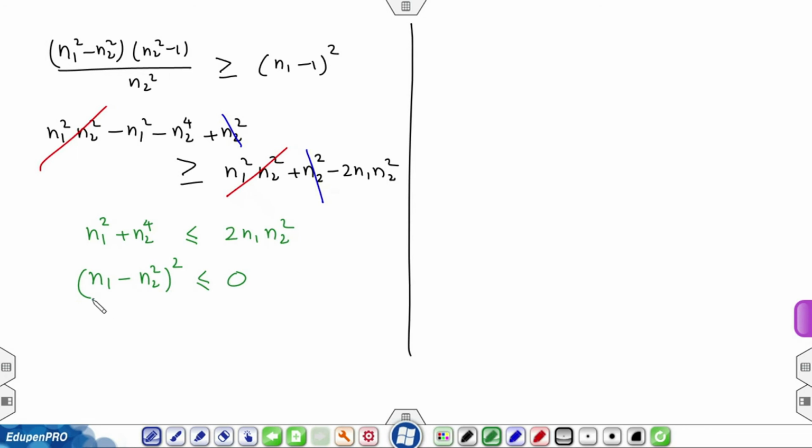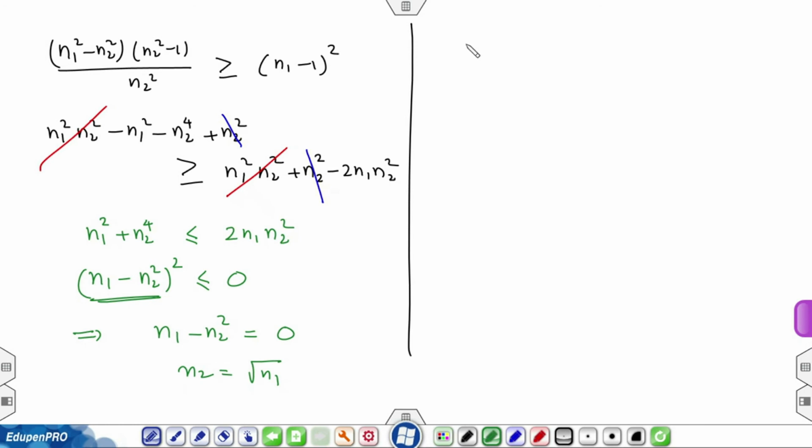Now, left hand side is a perfect square. So, this cannot be less than 0. This implies the only possibility is that (n1 − n2²) be 0 or n2 be equal to square root of n1.